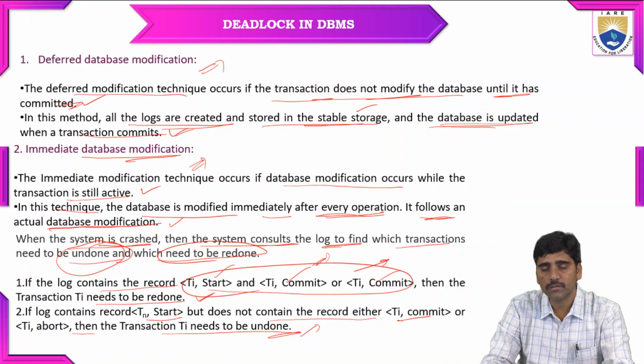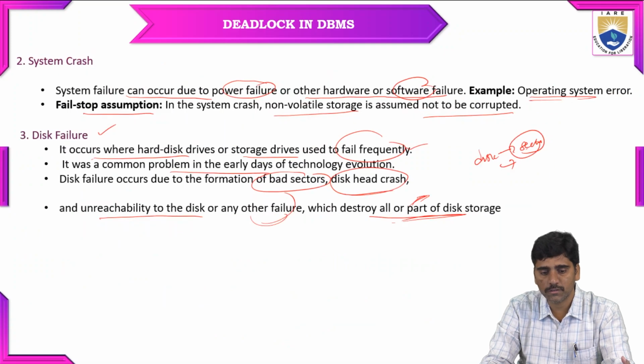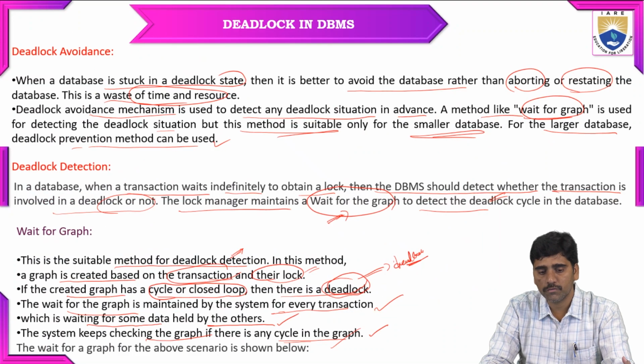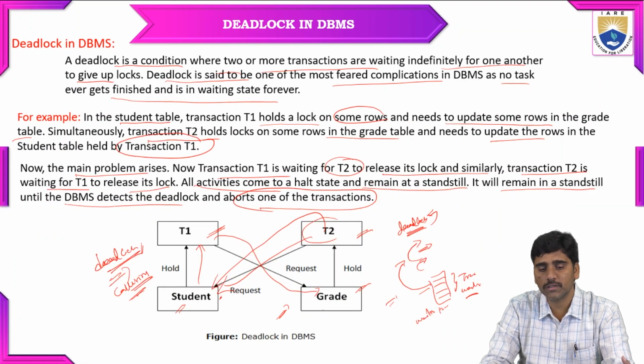Once again, we revise the topics which we discussed in this session. In this session, we discussed what is meant by deadlock. When two or more transactions are requesting resources to utilize them and the resources are not available, a collision occurs.